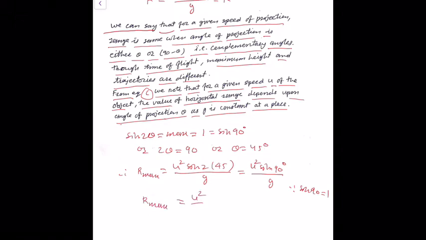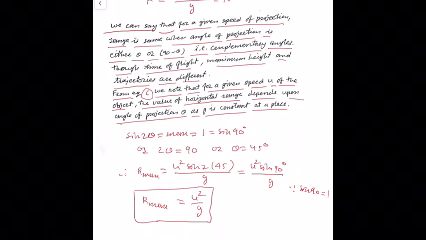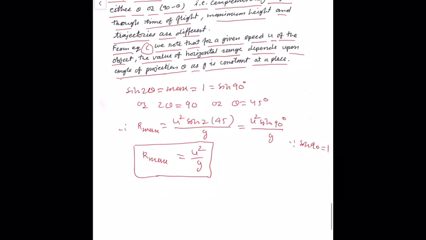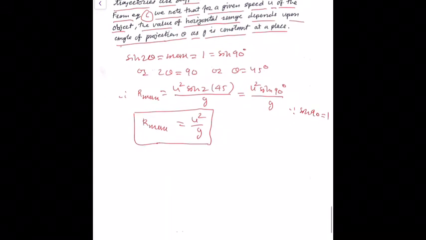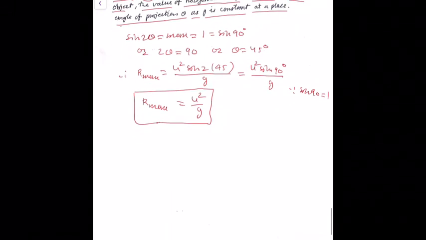So R maximum is equal to u square upon g. Range is maximum at theta equal to 45 degree. Clear?